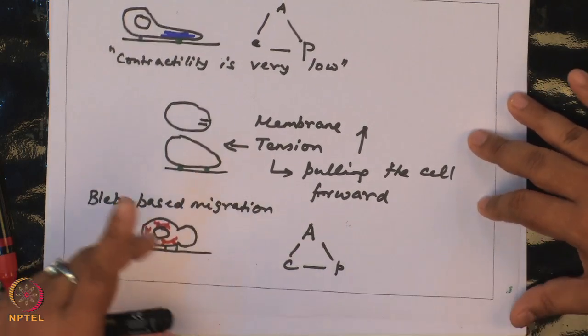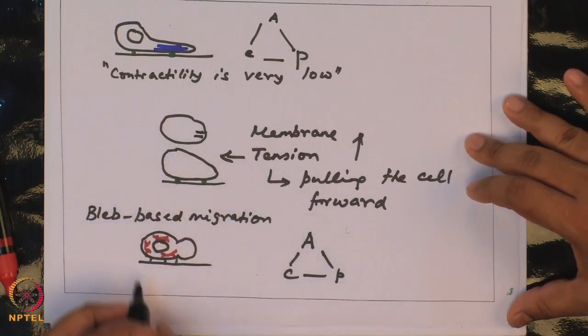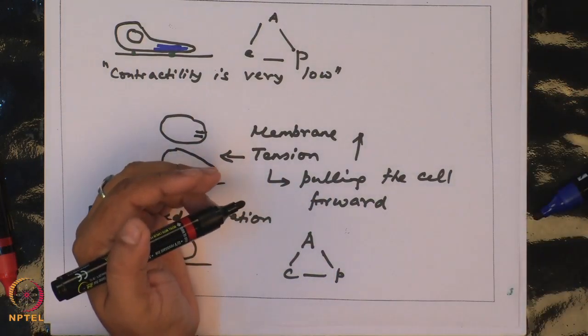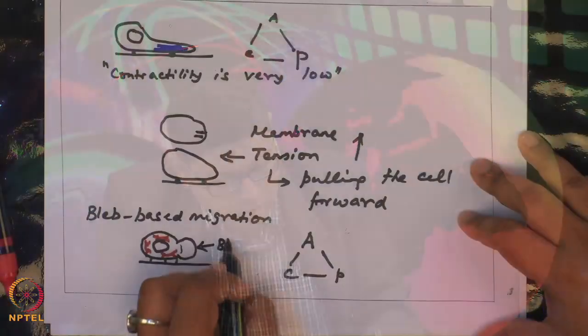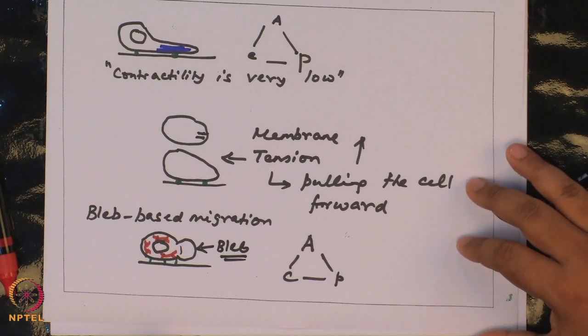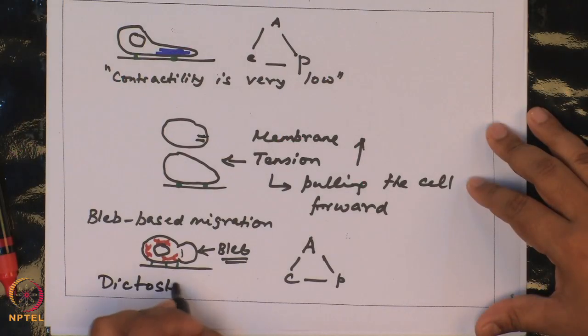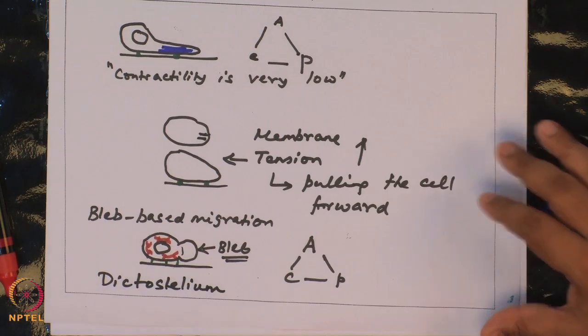It is like you are exerting these contractile forces from the back, which leads to flow of the cytoplasm, leading to rupture of the membrane and creation of a bleb. So, this is called a bleb. You can keep on doing this repeatedly: you have a contraction, the cell moves forward, adhesions are broken and so on and so forth. This kind of bleb based migration has also been observed in Dictyostelium. So, you have these three cases.